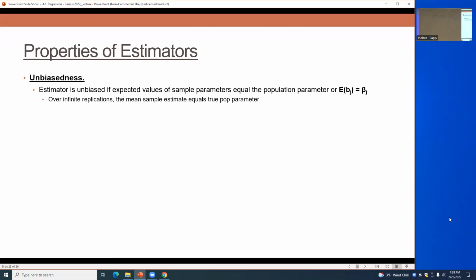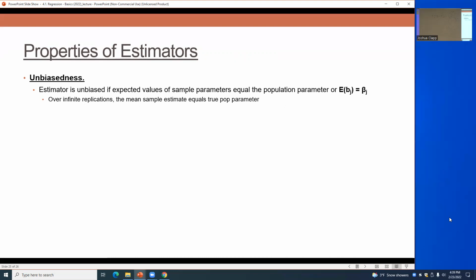If I have an estimator that's unbiased, what I'm saying is that the expected value of my sample parameter is going to equal my population parameter. So if I were to run all possible samples of size X with replacement that could be pulled from the population, the average value I would get for this regression coefficient is going to equal the population parameter, right?